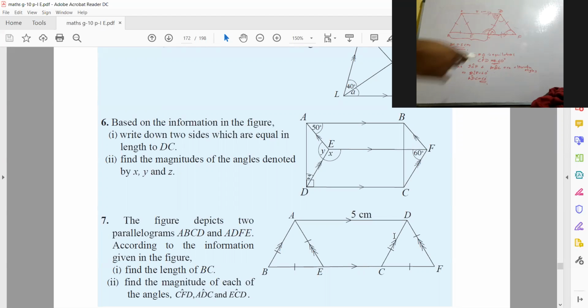As you know X is 60 degrees, this angle becomes 180 minus 60 degrees, which is 120 degrees. Therefore ECD is equal to 120 degrees. Okay, those are the answers.